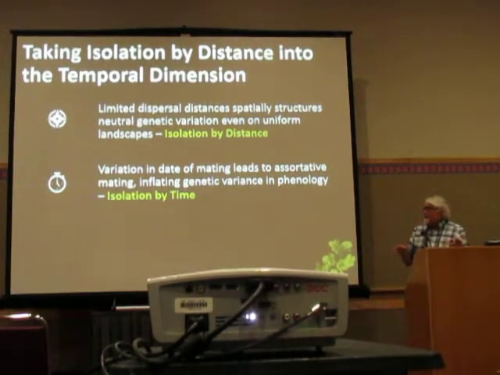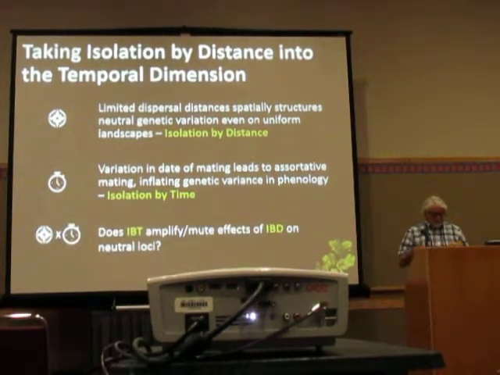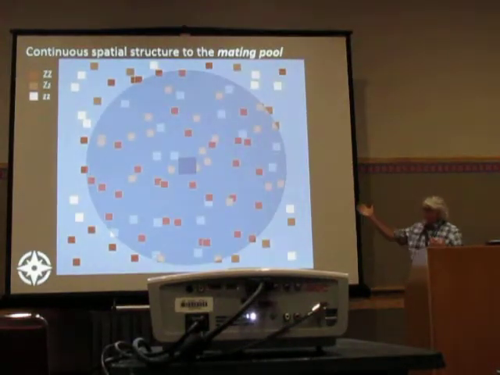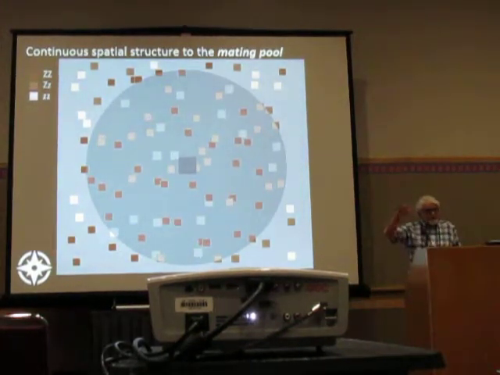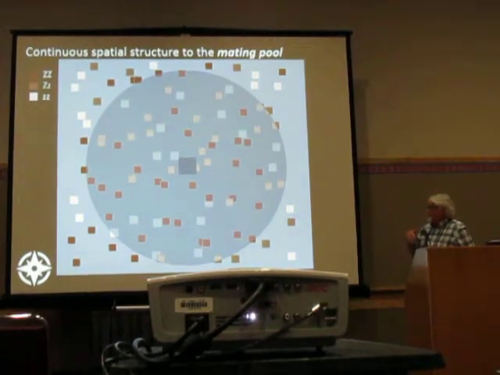And then ideas about how assortative mating for mating phenology can end up giving a temporal structure, at least to loci involved in mating time. And then we're going to look and ask some questions about, well, how can these two things interact with one another?